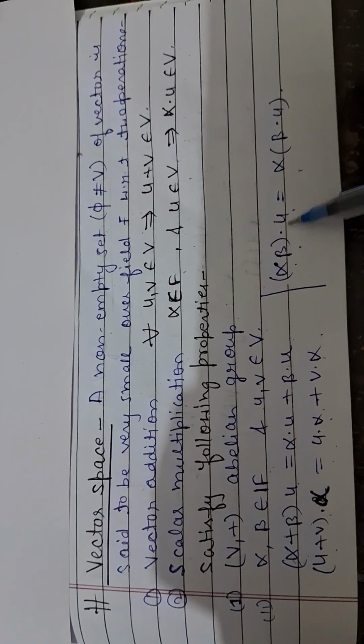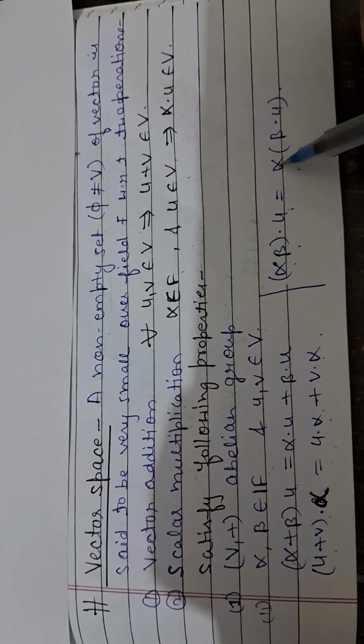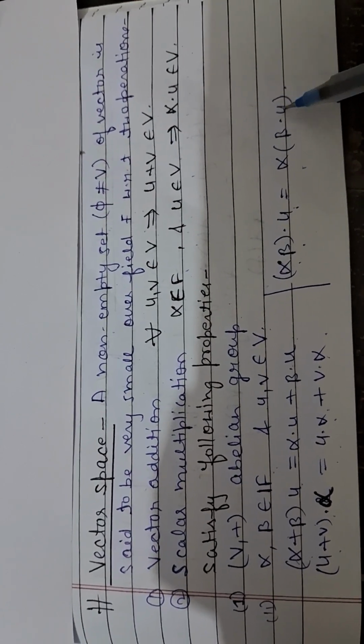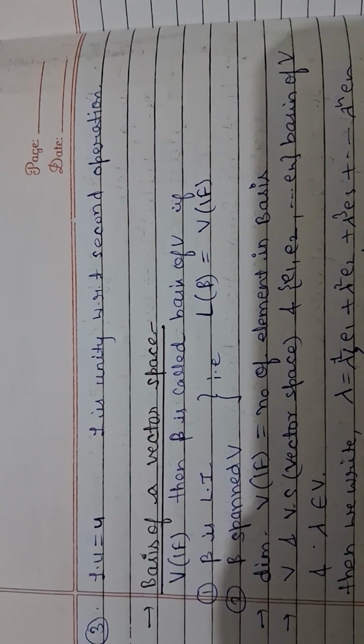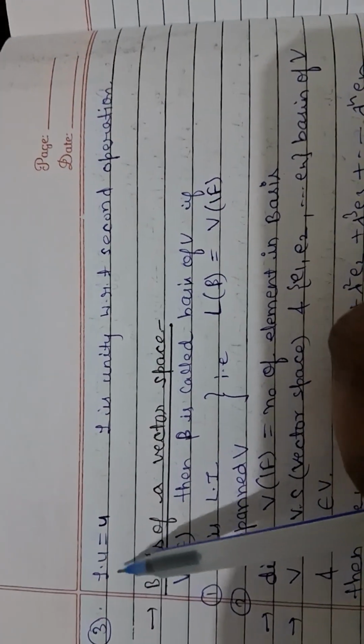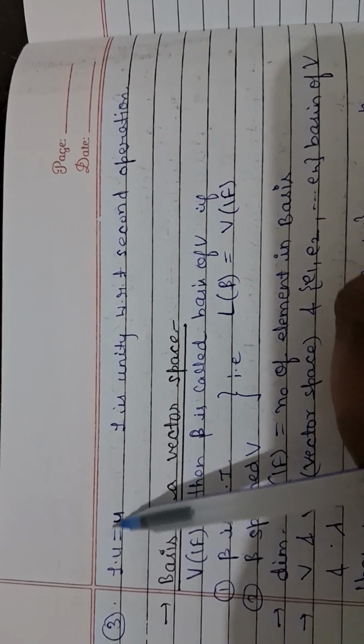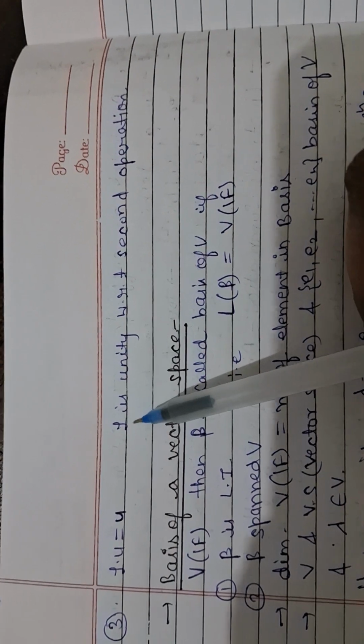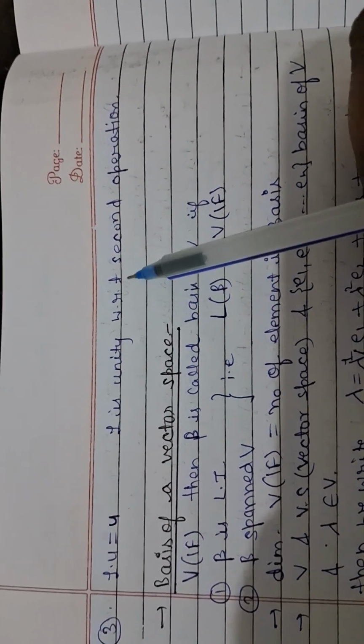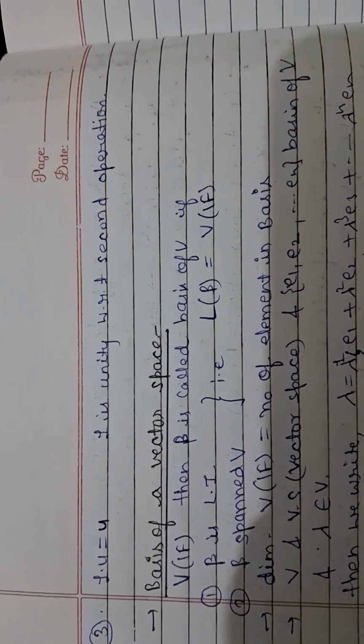Alpha beta dot u is equal to alpha dot (beta dot u). The third property is 1 dot u is equal to u, where 1 is unity with respect to the second operation.